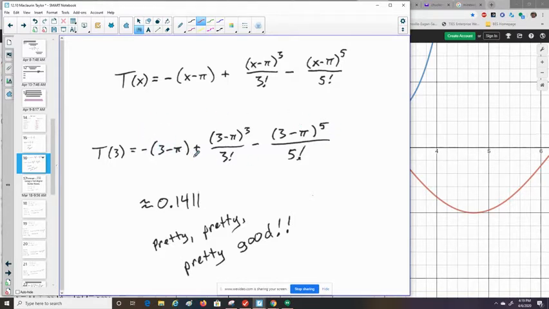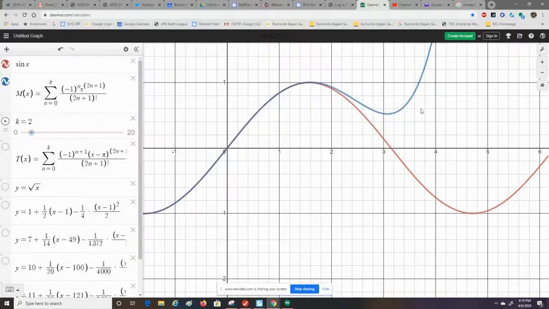And when I plug in 3, I just plug this in my calculator. I got about 0.1411, which is pretty good. And so if I look at this graphically, here's my Taylor series. And again, I'm centering this one at pi. So right here is the center of this Taylor series.